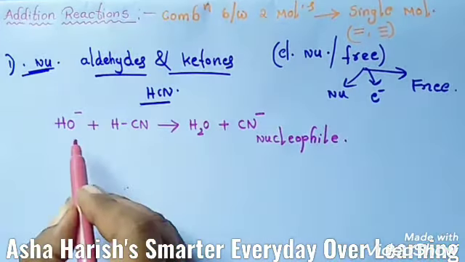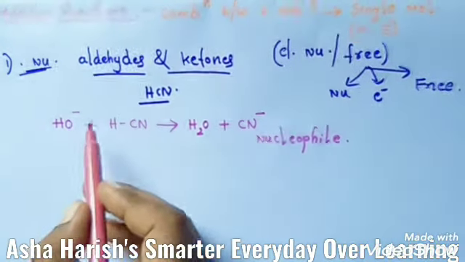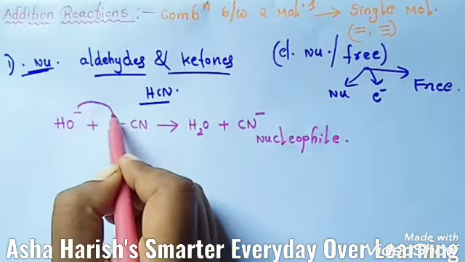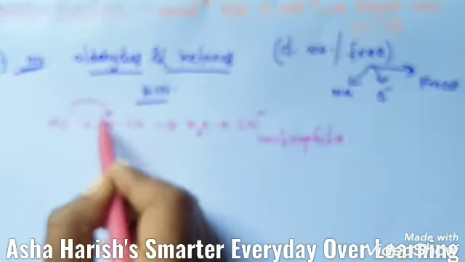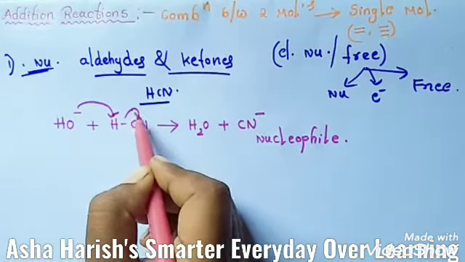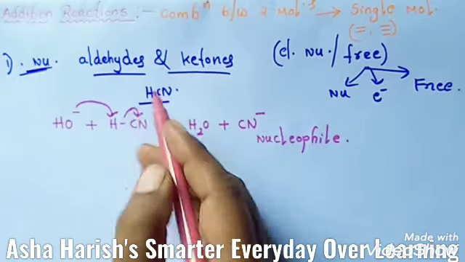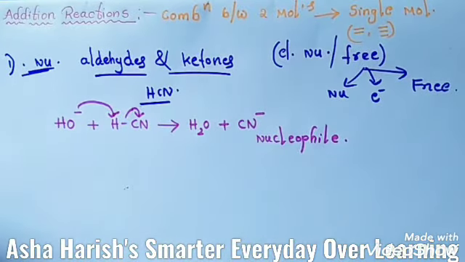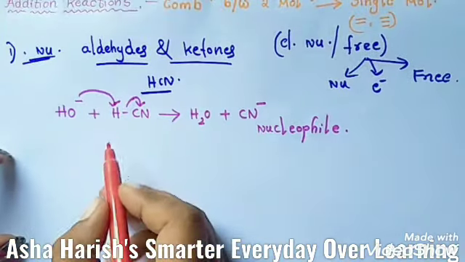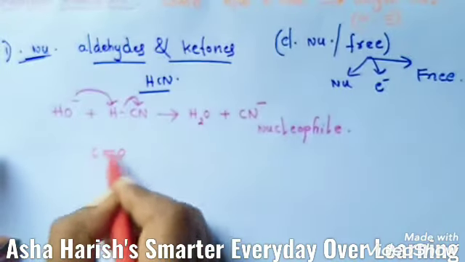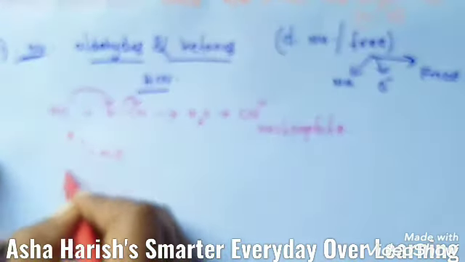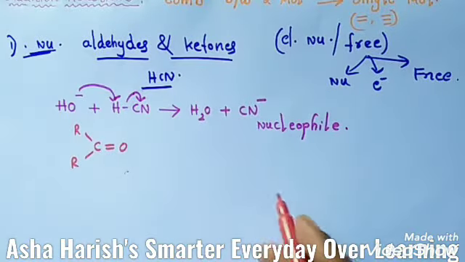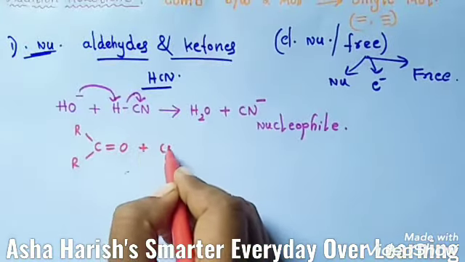Here the electrons attack towards hydrogen and here towards this cyanide, so CN minus ion can be formed. This is acting as a nucleophile here. If you take the example of ketone, C double bond O, with R and R, plus CN minus.